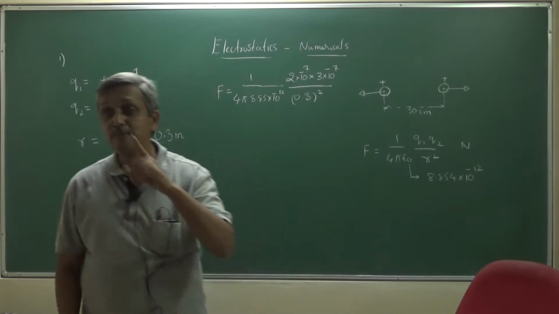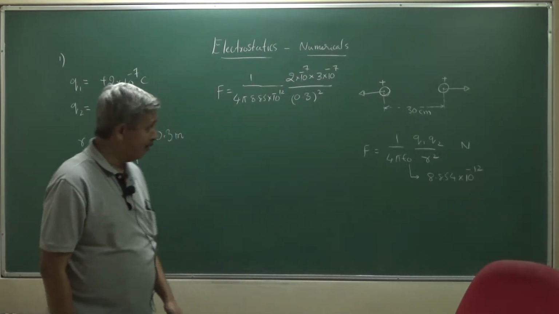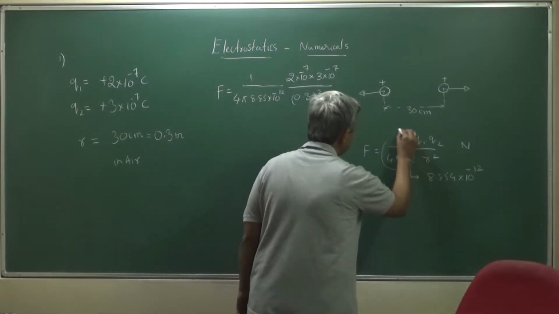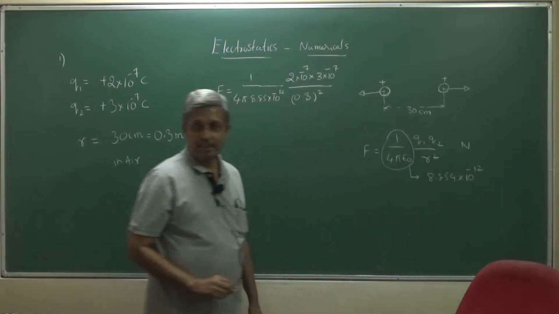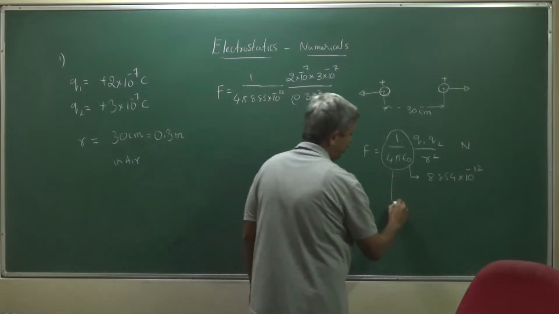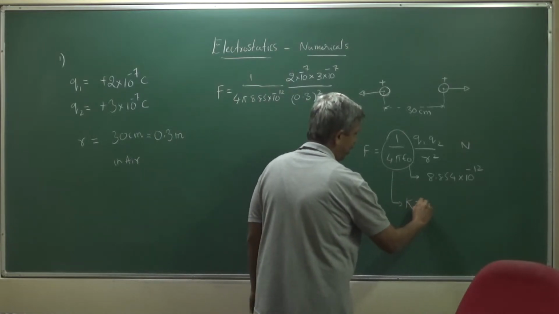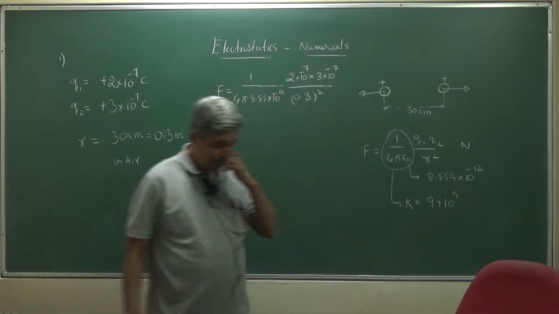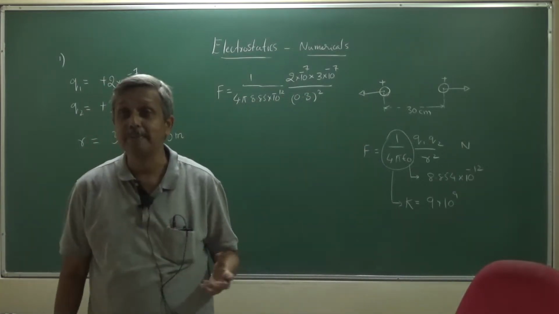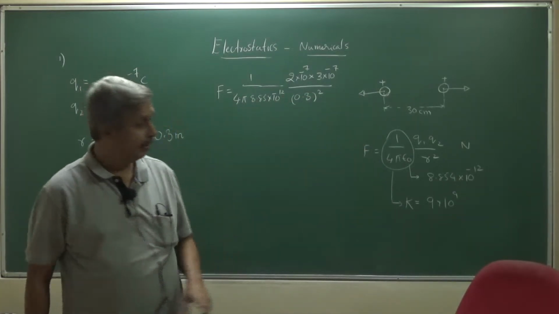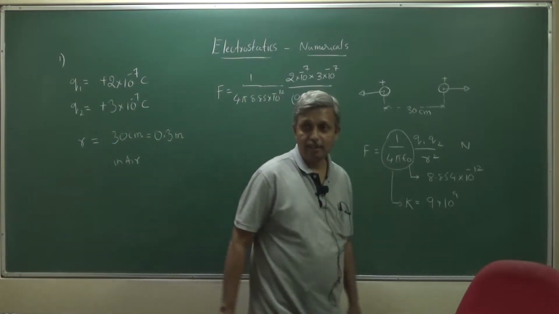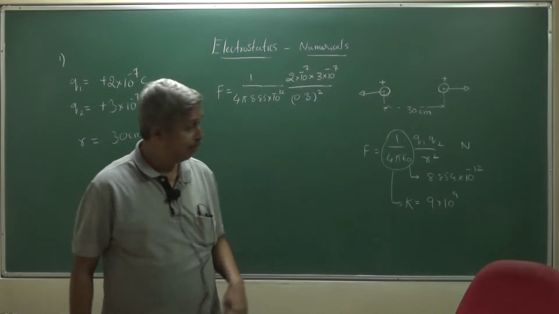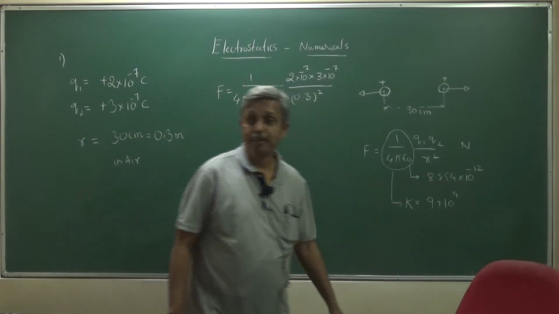There is one more interesting thing: this whole 1 divided by 4 pi epsilon naught is also called another constant k. It is given as 9 into 10 power 9. This is much more manageable, 9 into 10 power 9, rather than 1 by 4 pi epsilon. So we can use it. We don't have to sit with this 8.854 and 10 power minus 12.